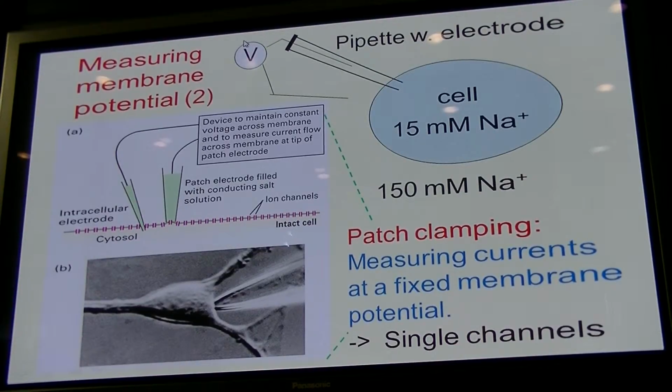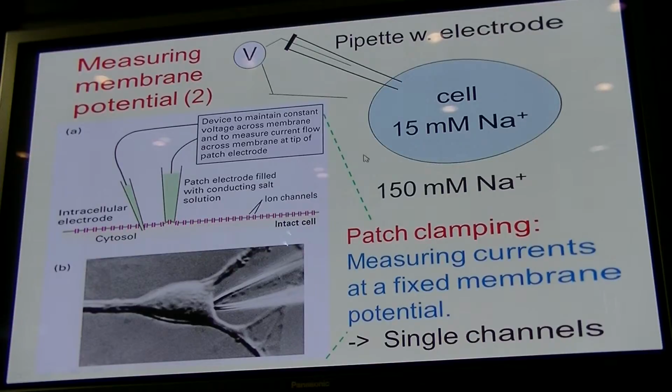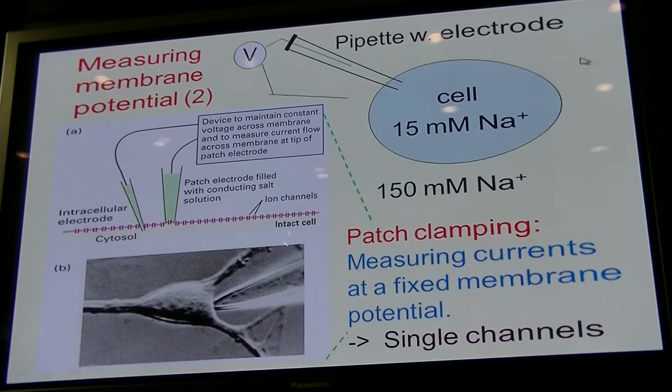So you can measure that they are voltage gated, that they close after a while, you can measure their opening time, their closing time, all of those fun things. And you can measure the same thing for potassium channels. All of this can be measured. So, that's good to know.